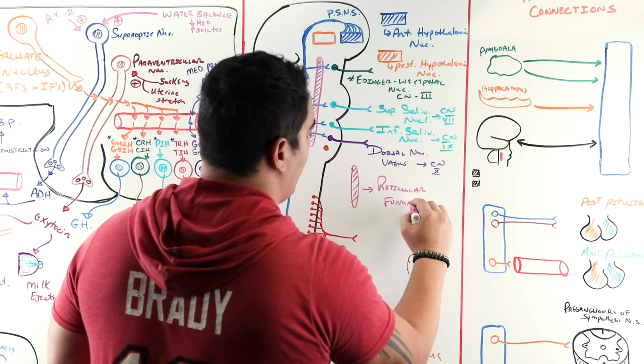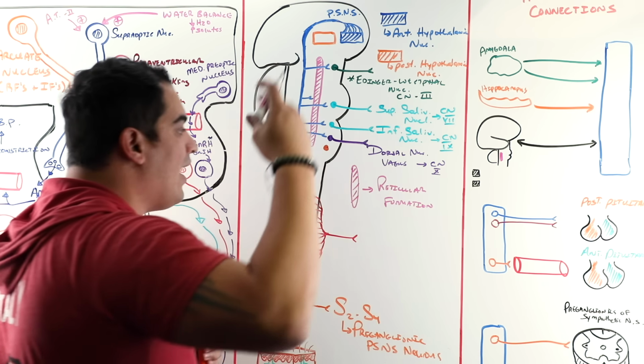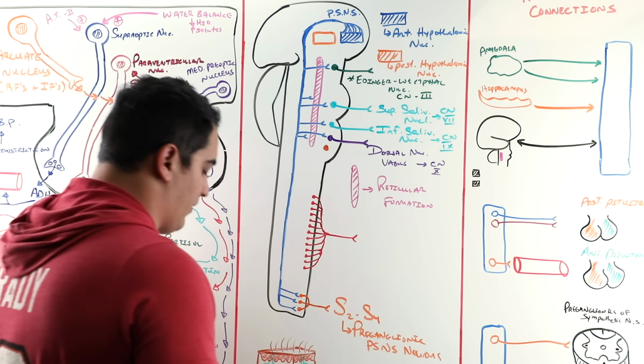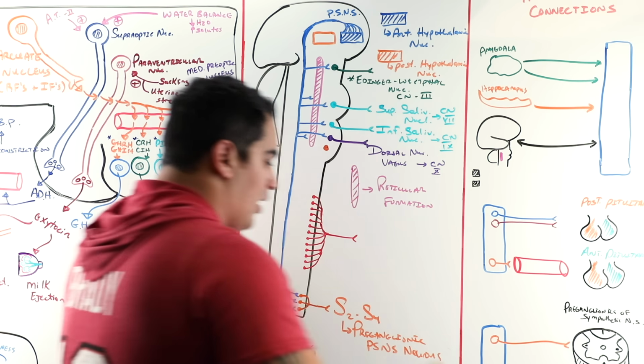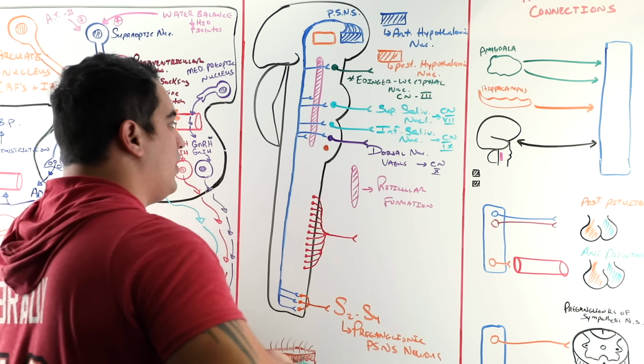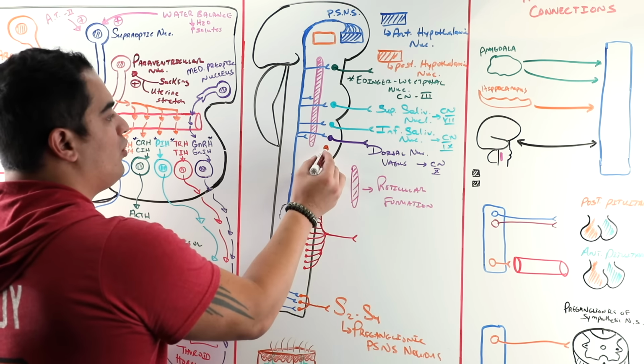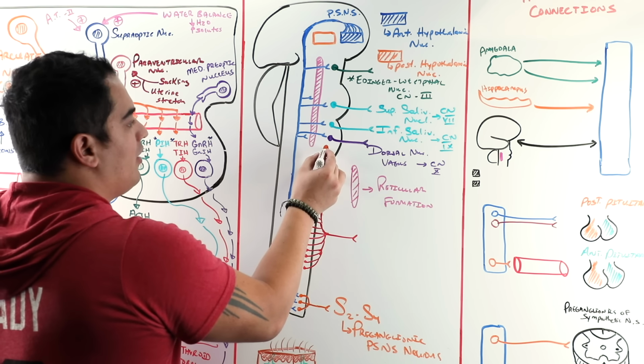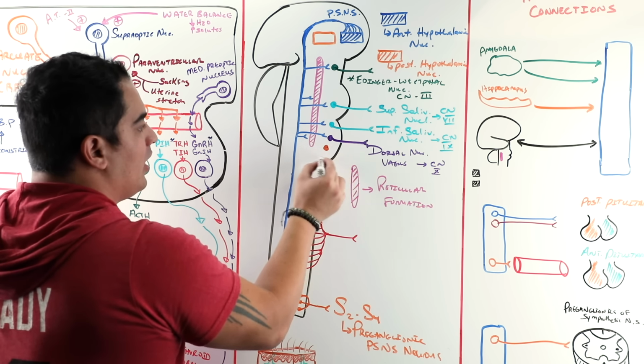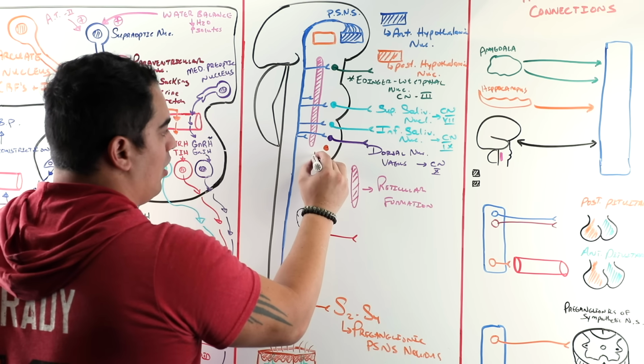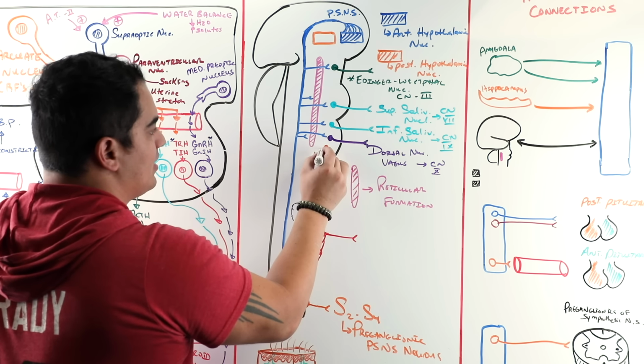And this is very, very important with alerting or arousing the cerebral cortex to all sensory types of information. The last aspect here is really minute. I don't want us to get too crazy with it, but there is another thing. Here in the deep part of the medulla, you have what's called the nucleus of tractus solitarius.